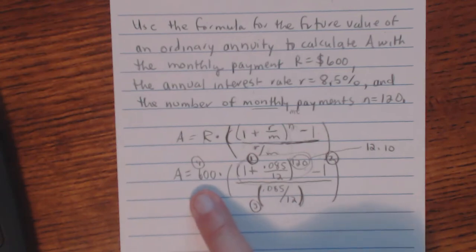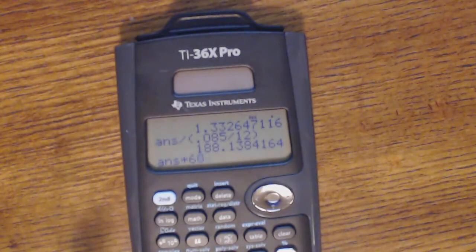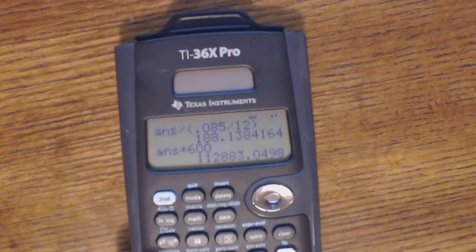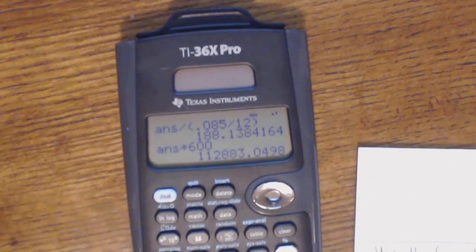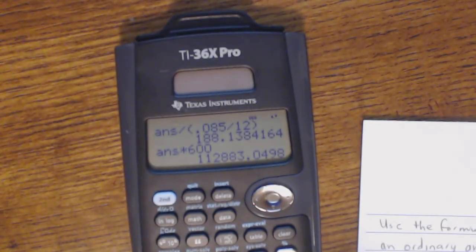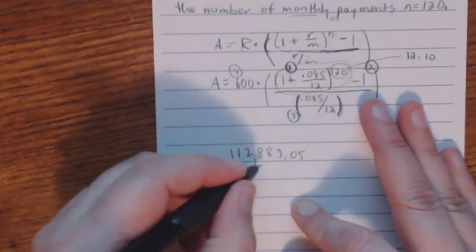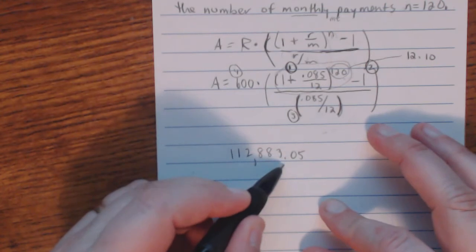And then the last thing is you want to multiply that answer by 600. And there you have your answer. I'll round it to the nearest hundredth: $112,883.05.